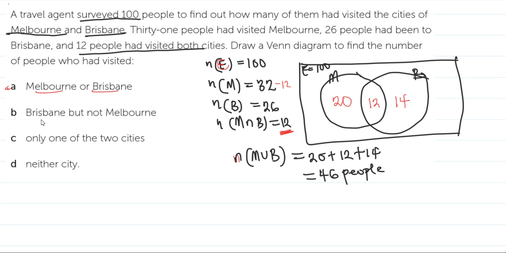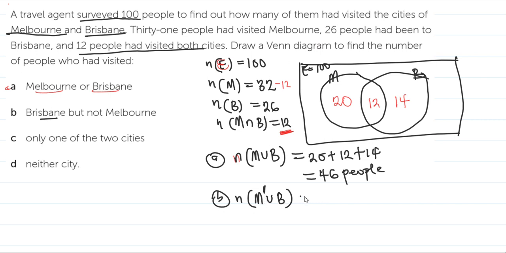Then we have people who have visited Melbourne but not Brisbane. Oh, sorry, Brisbane but not Melbourne. So we are cutting Melbourne out.